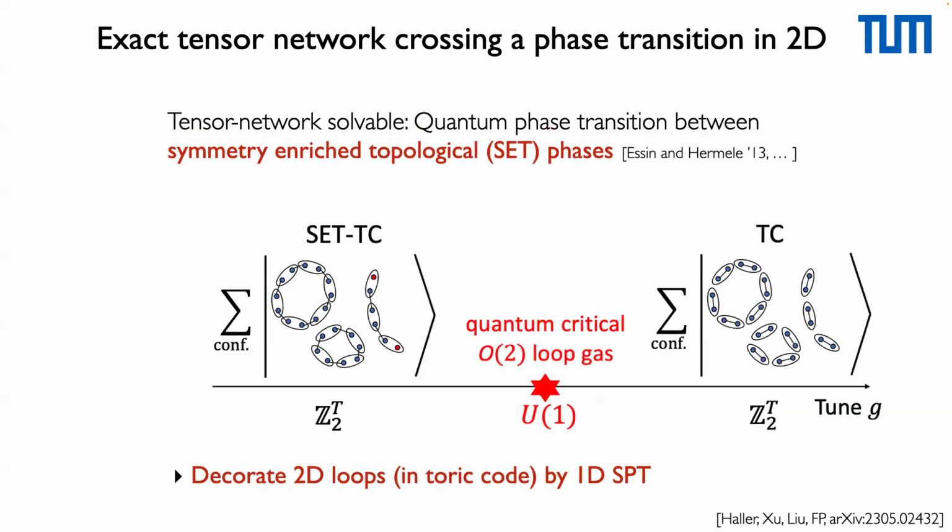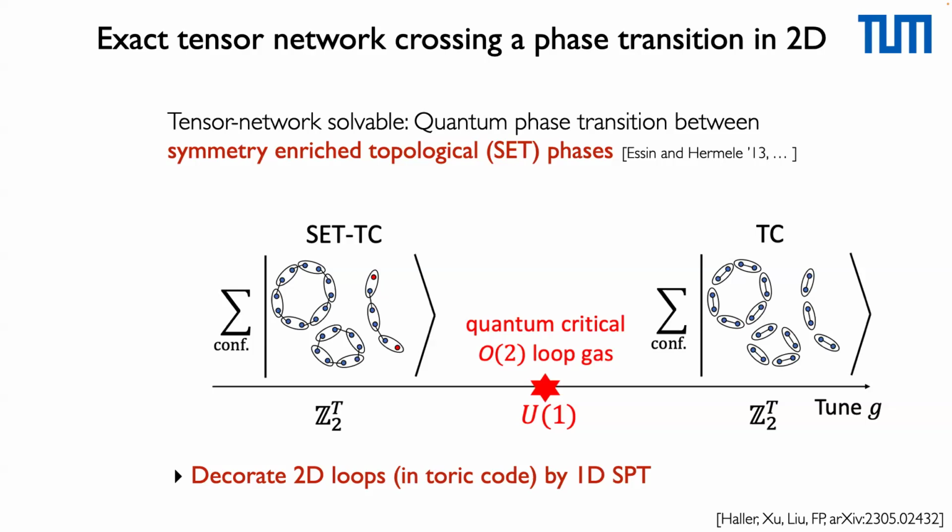One construction that we use to achieve this is to have a toric code model represented in terms of tensor networks. And let me just very quickly go over it. This is very much connected to an earlier work by Claudio.